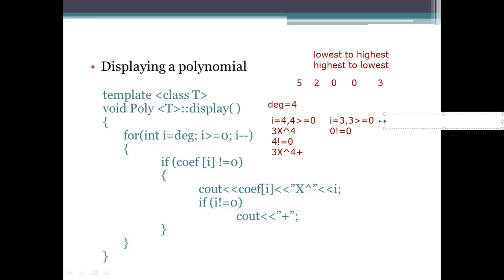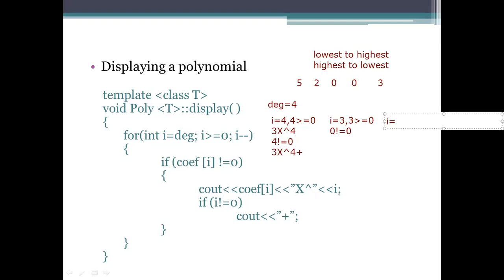Because there is no such coefficient there, and there is no need to read that value. It is specified as null, so there is no need to represent the values. Then we need to decrement i.